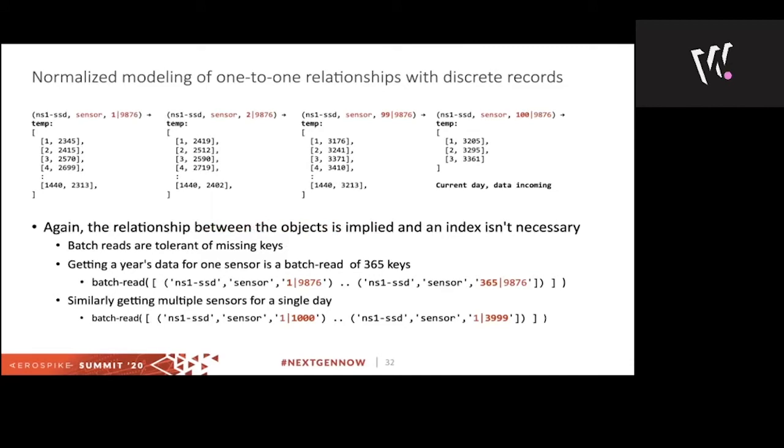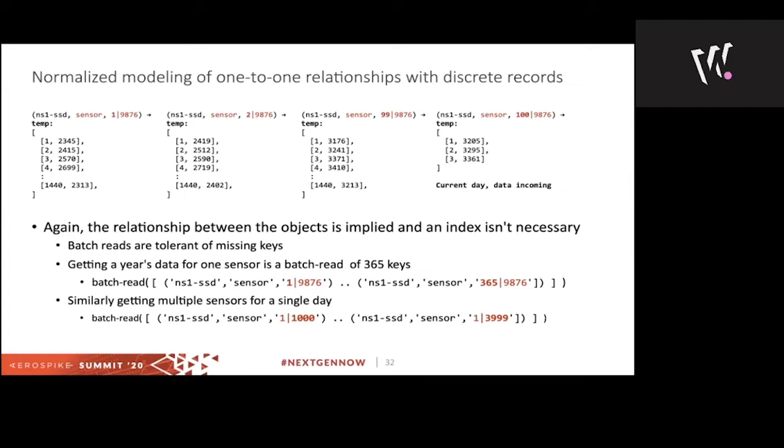So this is an example of what these records would look like. If you look at the key portion at the top, these are on NS1, which is on an SSD. The set is called sensor, and the sensor ID is on the right-hand side, and the epoch day is on the left-hand side.